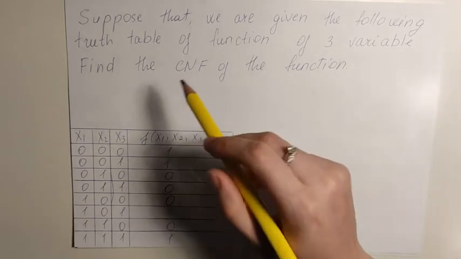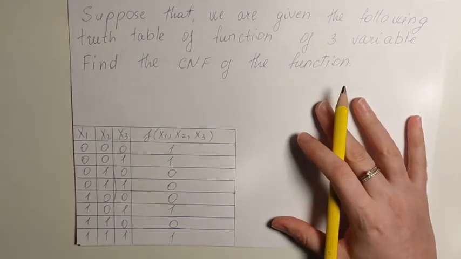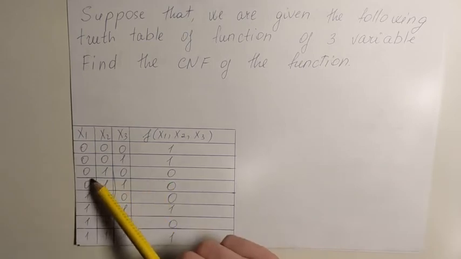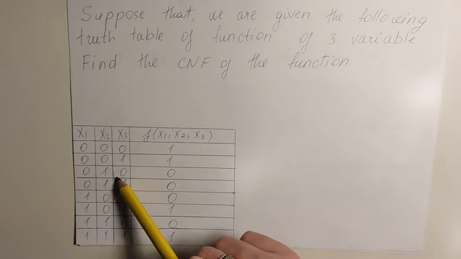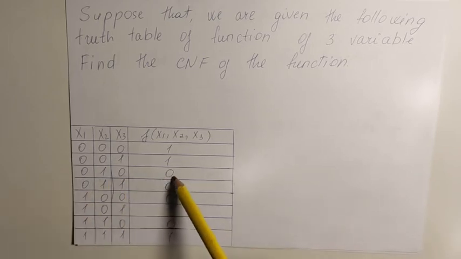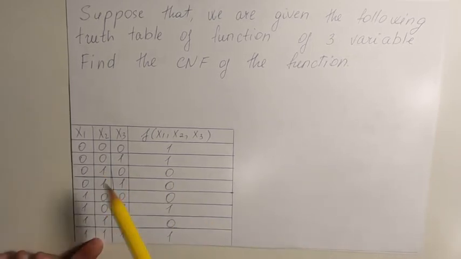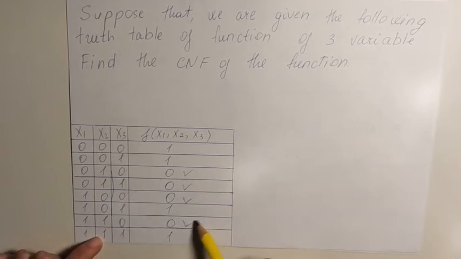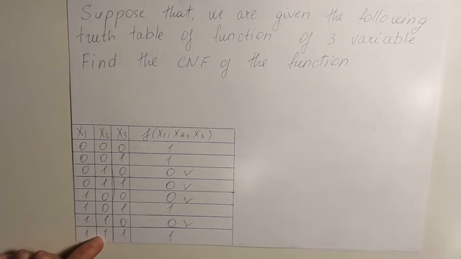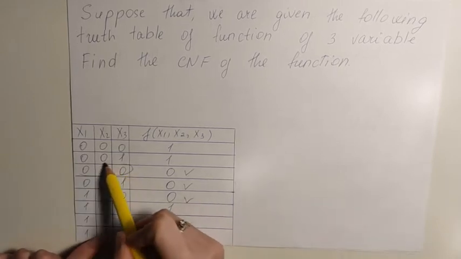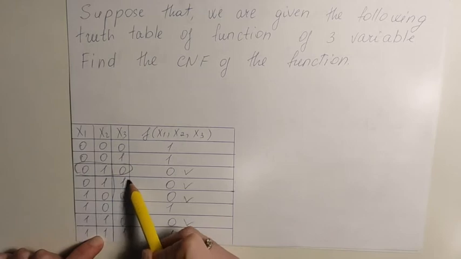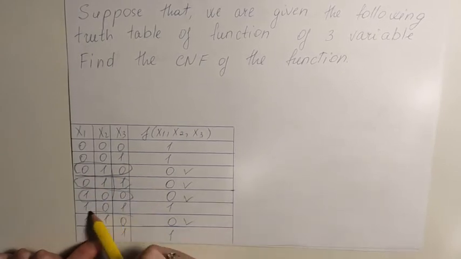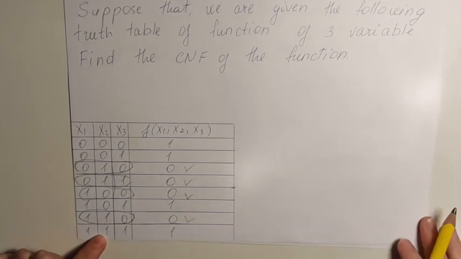Okay, all we need to do is again find the ordered triples whose truth value is equal to 0. As you see, this triple, this and this. Let me show you. Okay, this, and finally this one.